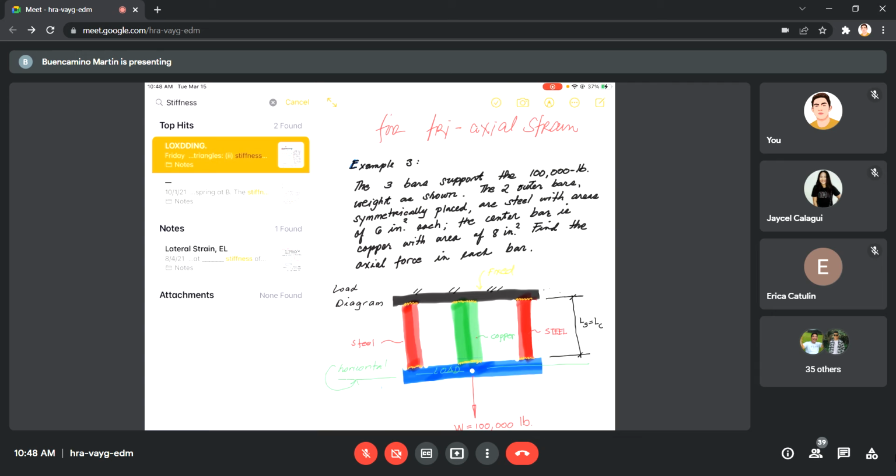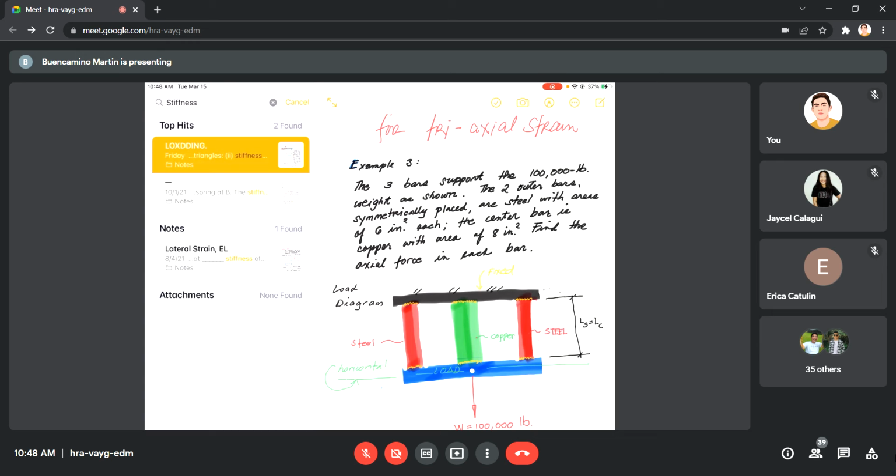There is a tensile force that is exerted on each of these vertical bars.